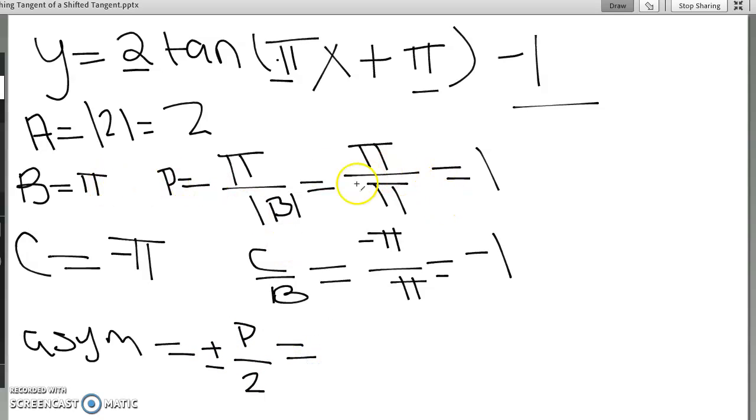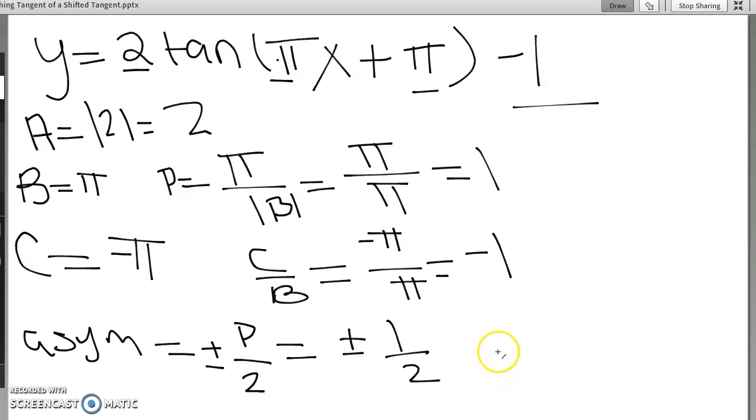Our period this time was 1, so it's 1 over 2. However, we have shifted. Asymptotes are on the x, so we need to look at the shift for the x, which is our phase shift, which was -1. So we need to add -1 to both our positive and our negative.